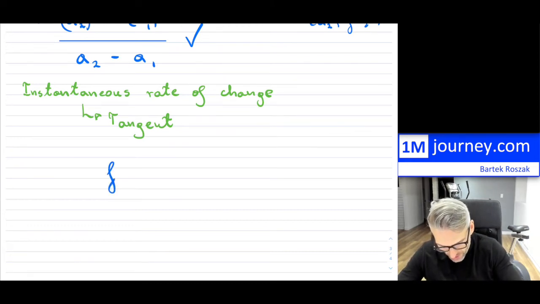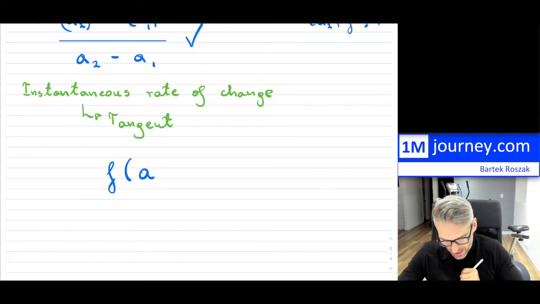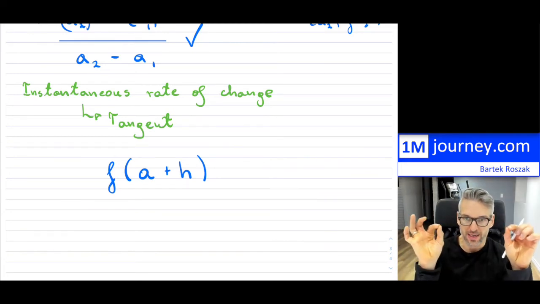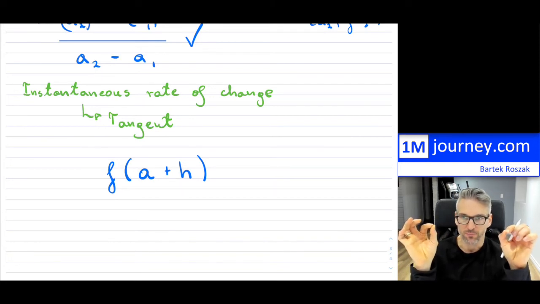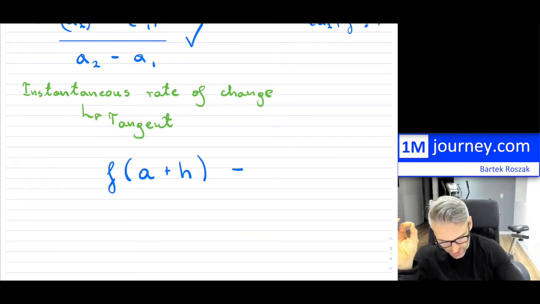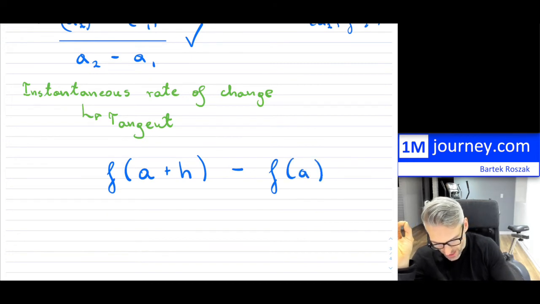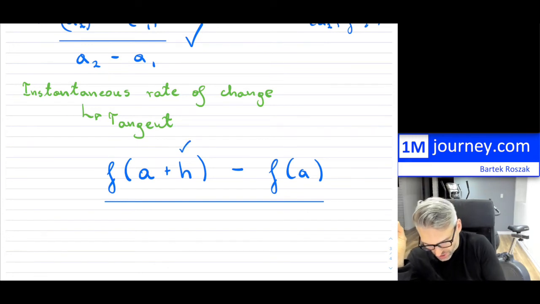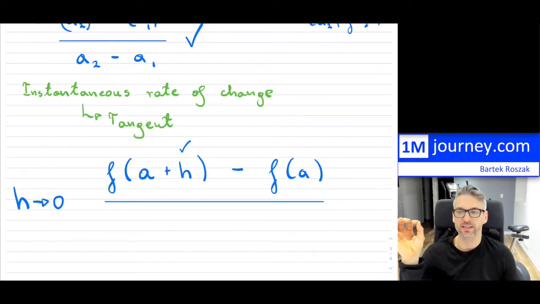If you have a function at a particular point A, you want to have 2 points, as you would have for your secant, A1 and A2, but now they are very close together. You have this H, so you're finding a slope between point A and a slight change, where this H is as close to 0 as you possibly can make it.